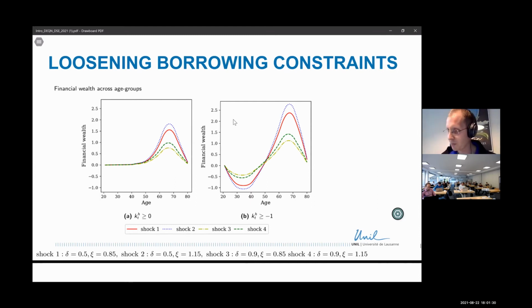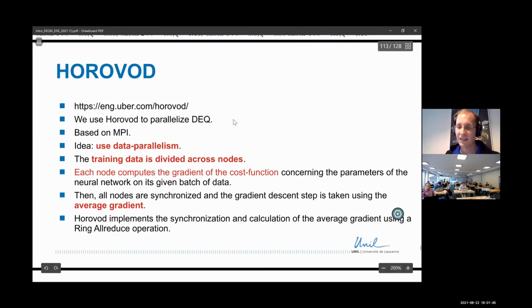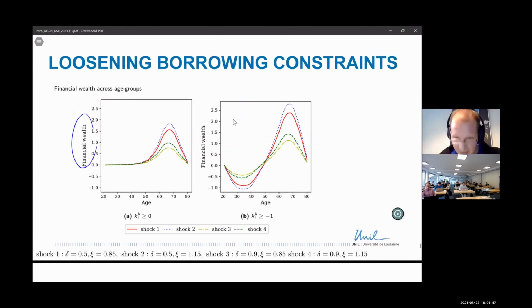You can start to study how lifetime consumption changes if you change the borrowing constraint, and then you can start to do policy experiments. So that's the basic idea. And as I said, all of the deep equilibrium nets is online.